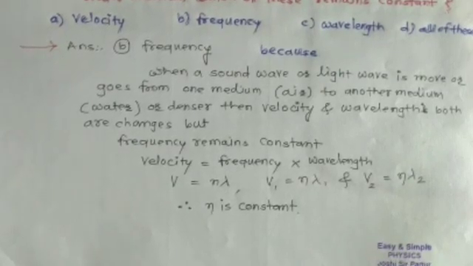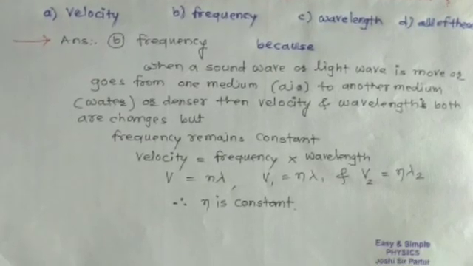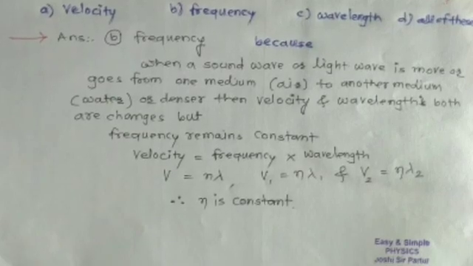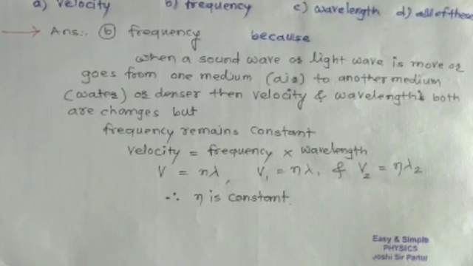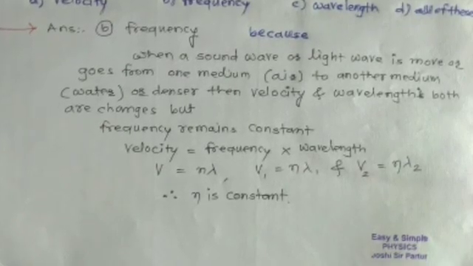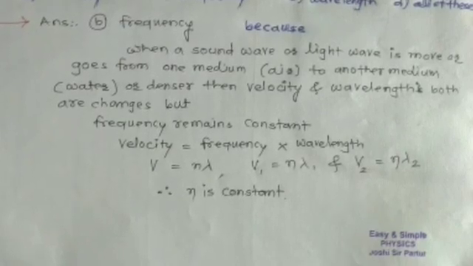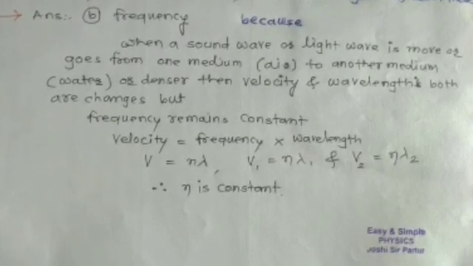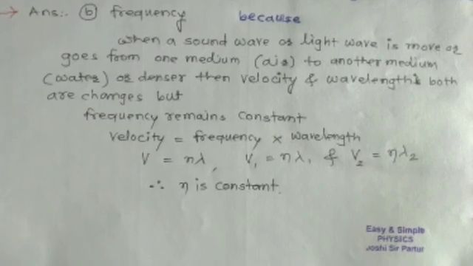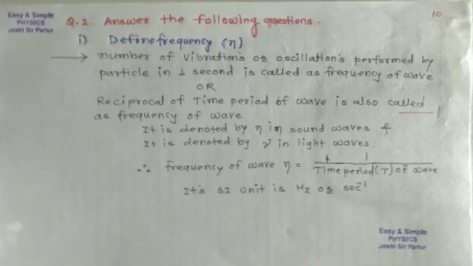So the answer is option B frequency, because when a sound wave or light wave travels from one medium, air, to another denser medium, water, then velocity and wavelength both change but frequency remains constant. So we know the relation velocity equals frequency into wavelength, so frequency will be constant. Question 2. Answer the following questions.